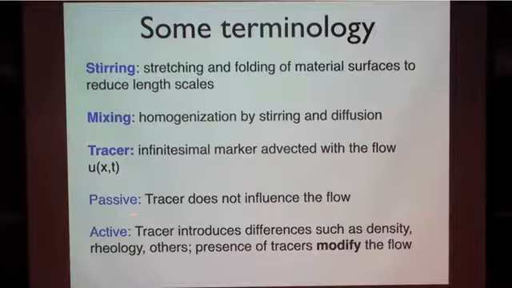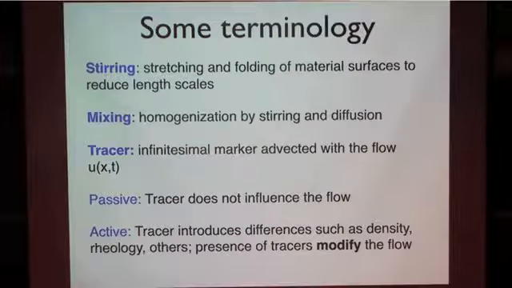To understand the flow, we will often use tracer particles. We'll introduce tracer particles, and that can be a dye, or more likely in a numerical model, an infinitesimal marker that moves with the flow. If we have a velocity field, we can integrate that through space and time in order to follow the infinitesimal marker. These markers can either be passive, in which case they just go with the flow and are used to see what's happening.